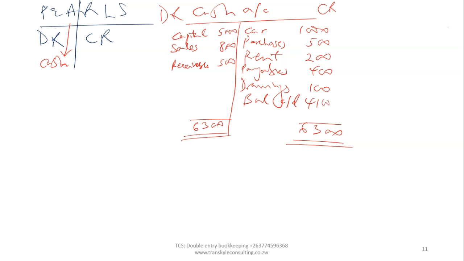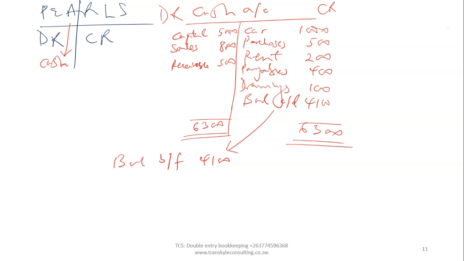And we are told that this figure should be transferred across to become balance b/d, brought forward, of 4,100. So what this means is that we only have 4,100 left in our cash account after taking into consideration all the cash we received as well as the cash we paid out.